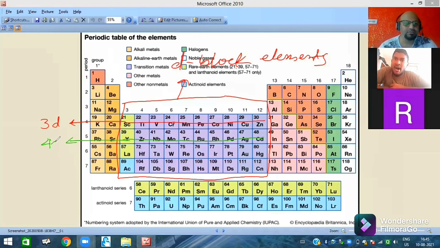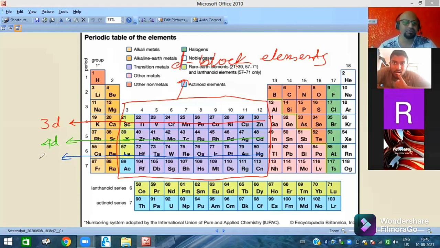4D series. Then, Vishwaraj, are you there? Vishwaraj? Yes, sir. Okay. 5D series, and last, let me change the color. Oh, it's not visible. Let me make it black. Here, this is 6D series.